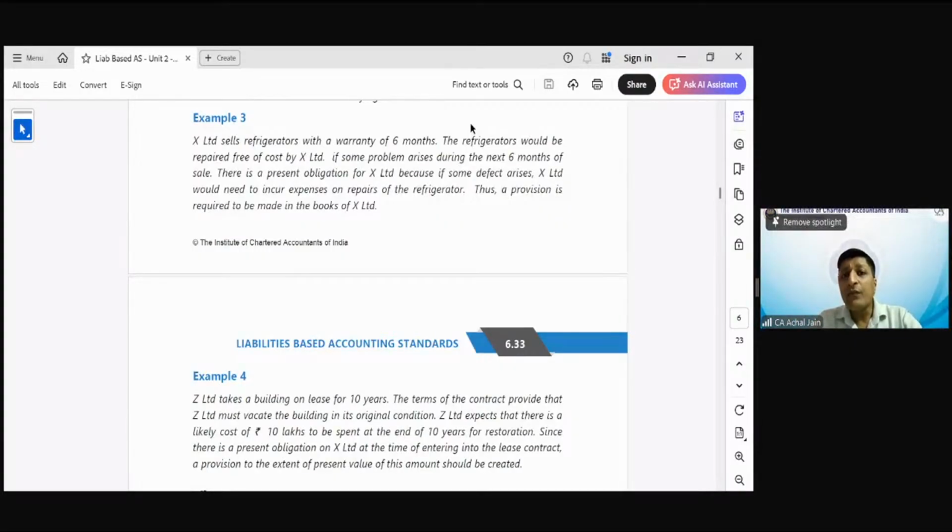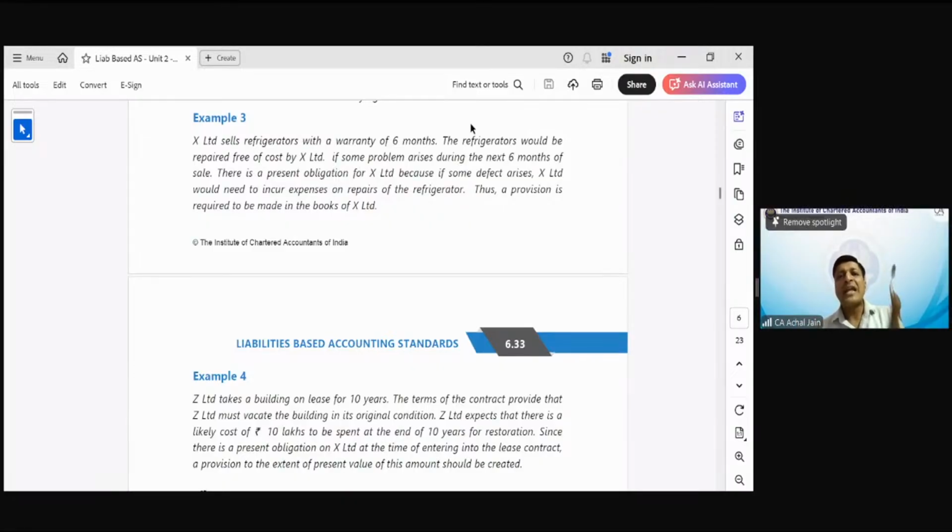Understood the meaning of present obligation? Today, when the sale has taken place, an obligation on the part of the company has arisen. You may be thinking, sir, this problem will come in future and the expenditure will be incurred in future. That's correct. But that obligation is arising because of the sale.